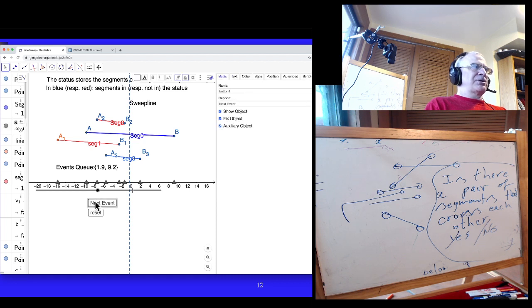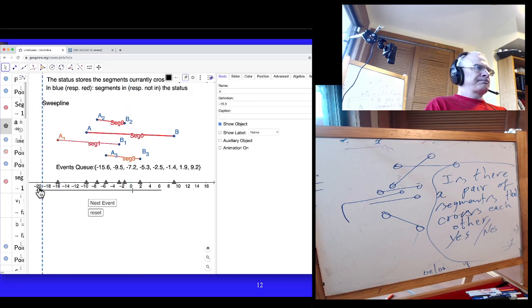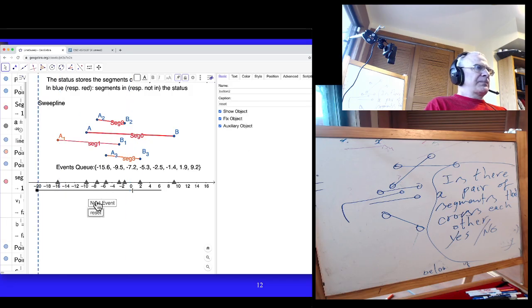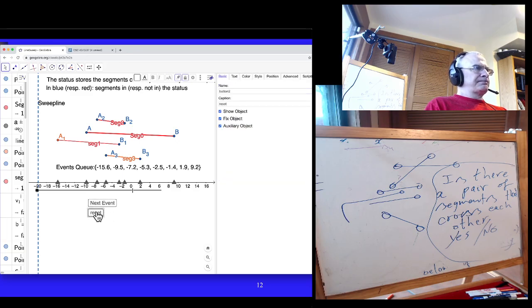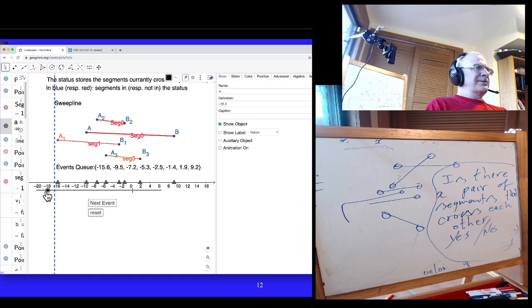It will just jump from one event to the next event, to the next event, and so on.